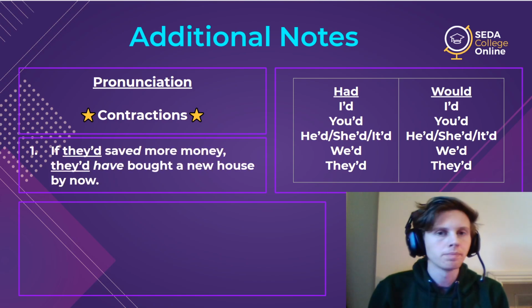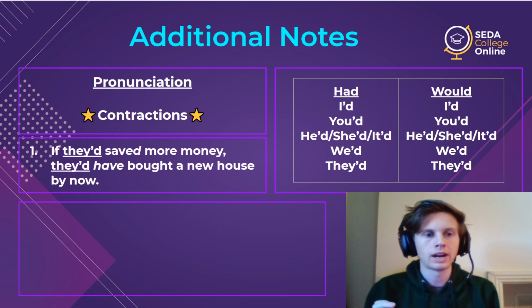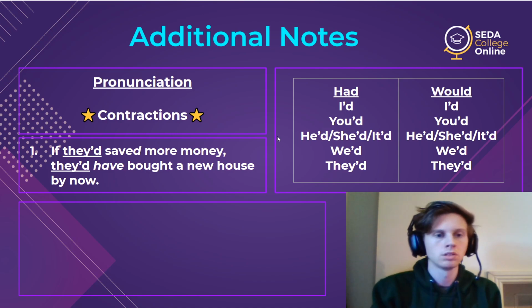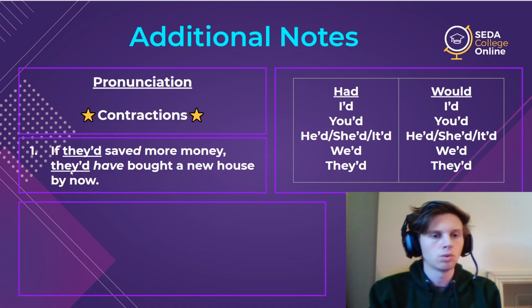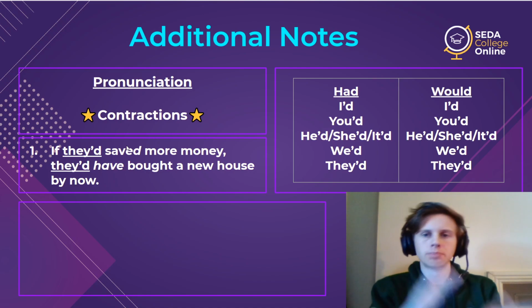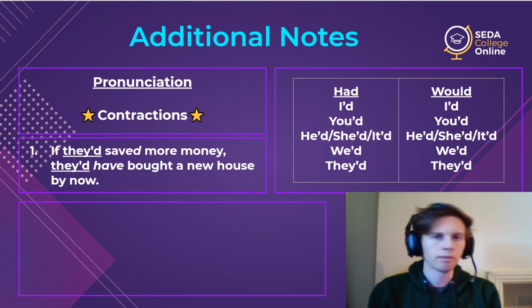So how do you know? How do you know if your contraction is they would or they had, if it's the same? Well, you always have to look at the verb next. So remember that these auxiliary verbs have rules.